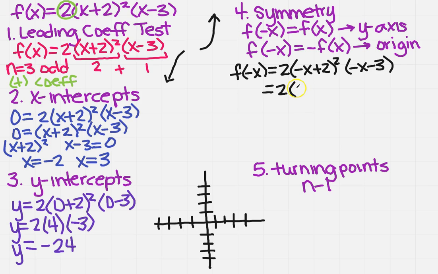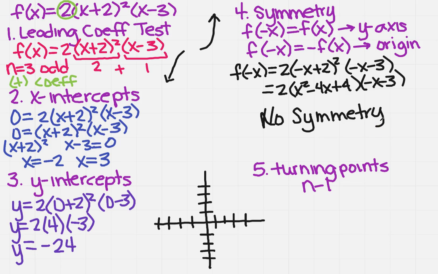So I would get minus x times minus x is x squared, and then I'm going to have minus 4x plus 4 times (minus x minus 3). The more I do this, I'm getting farther and farther away from what I started with, correct? You can keep multiplying, but you're going to find that it's not going to equal f of x, and it's not going to equal the opposite of that, because if I take out the opposite sign, it's still going to have pluses and minuses. So on this one, we're going to have no symmetry.